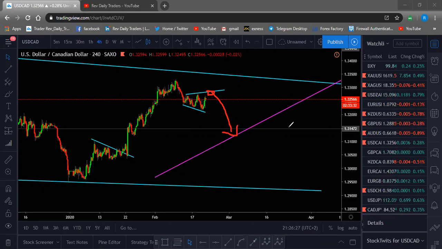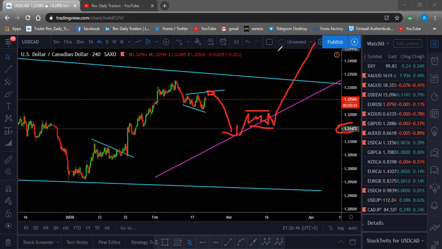Then from 1.3147, you're going to look for buys, okay? Going to look for buys to go up. Okay, guys?